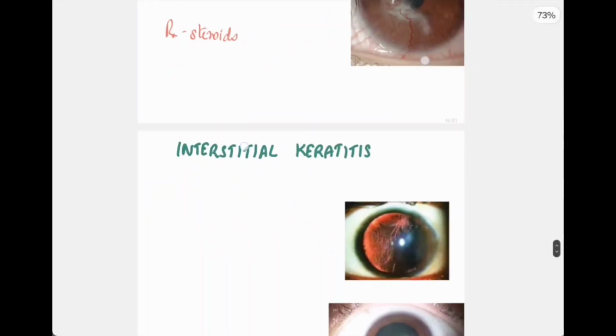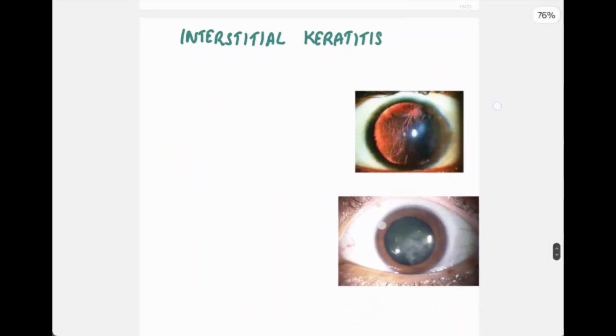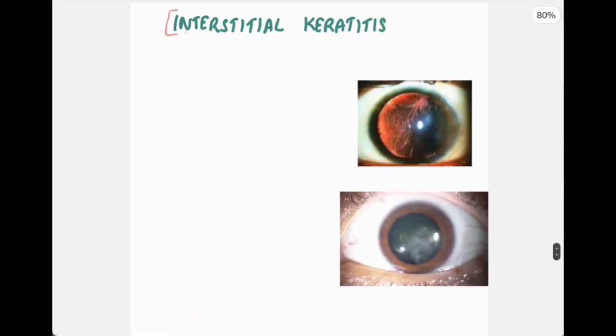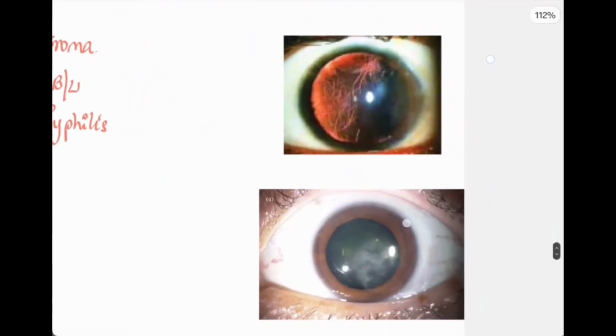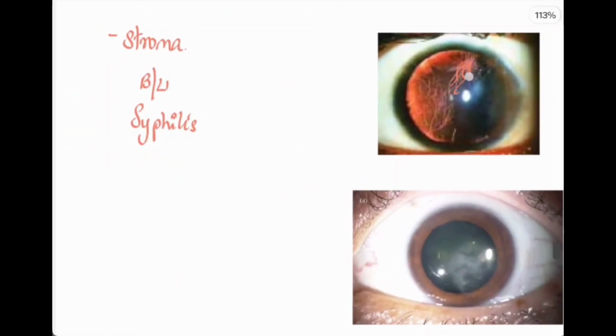Interstitial keratitis is the inflammation of the corneal stroma without primary involvement of epithelium or endothelium. It is a rare bilateral condition, seen in syphilis, tuberculosis or Cogan's syndrome. Characterized by vascularized, midstromal, non-suppurative inflammation, giving a ground glass appearance.